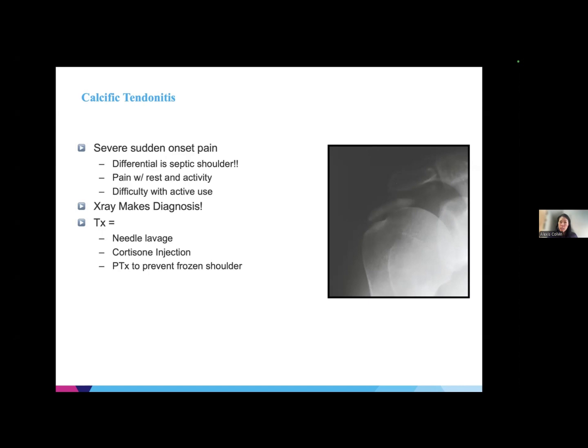So usually they'll get a procedure where the needle is used, almost like a kidney stone, to break up the calcium deposit, flushed with saline, and then you do the cortisone injection. Their relief is almost instantaneous, but this is the one thing where you will make the diagnosis from the X-ray alone.